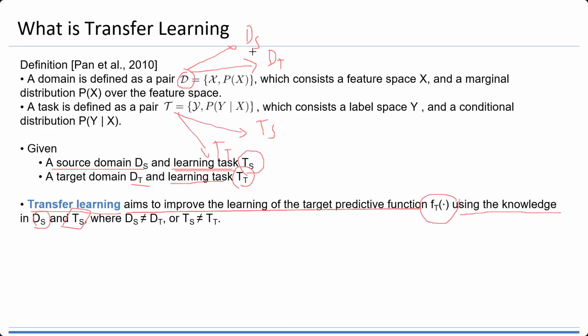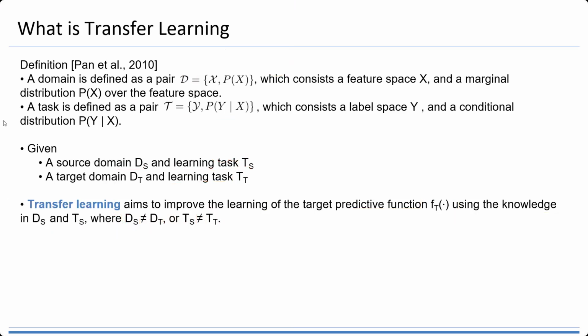So we want to use the DS and TS to recognize the data in the DT, and we want to predict the TT or the target in the T. So this one is the condition. The domain of the source is not equal to the domain of the target, and the task of the source is not the same with the task in the target.